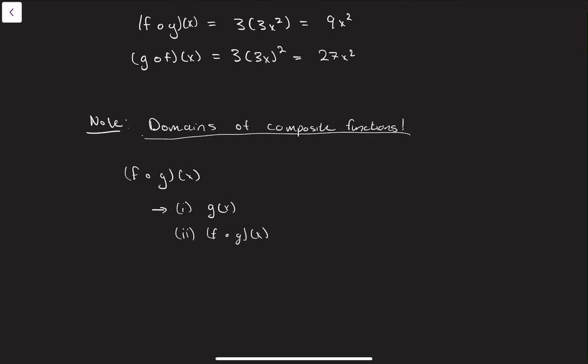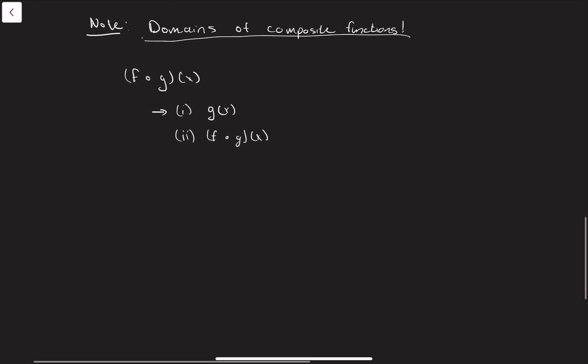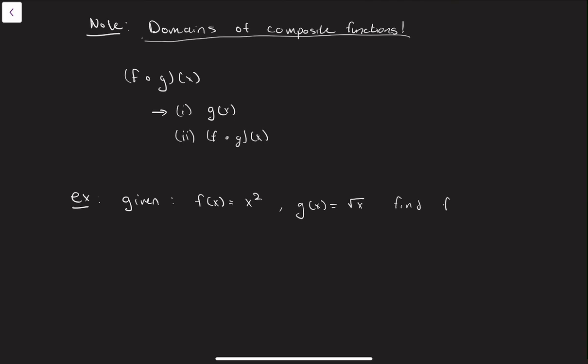So what do I mean by that? Let's look at an example quickly. Given f of x is equal to x squared and g of x is equal to root x, find f of g of x.